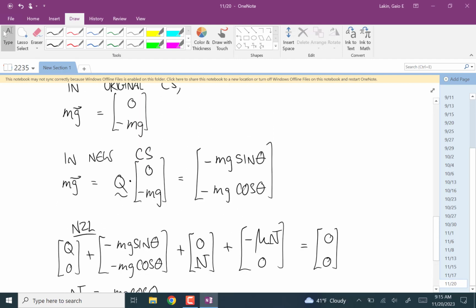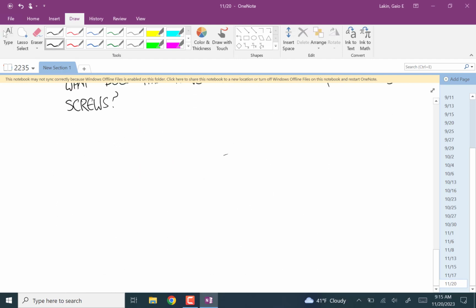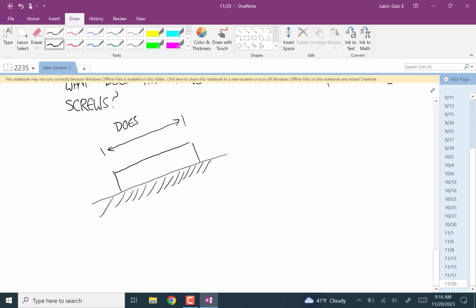It seems weird, but if you're doing calculations involving friction, you were never given the width of this, it doesn't come into the calculation. That seems strange, but that's how it is.